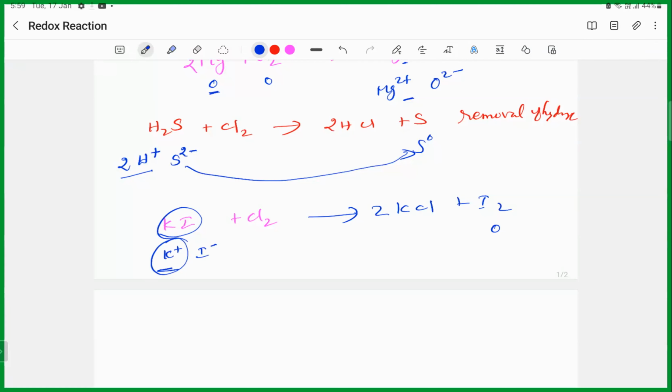Whatever is opposite to all those things becomes reduction. So what is reduction? We'll see.